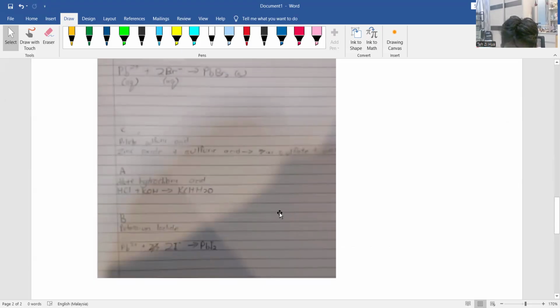Zinc oxide plus sulfuric acid gives zinc sulfate and water. Okay. Okay, correct. All right.